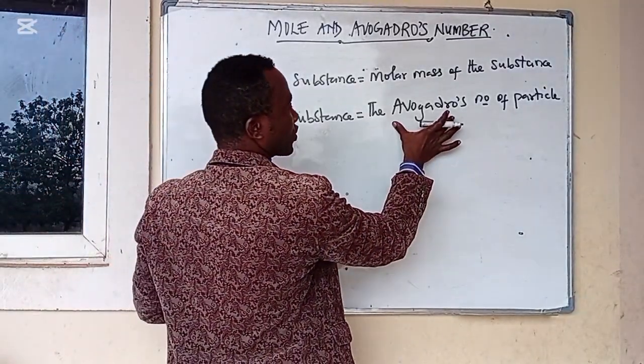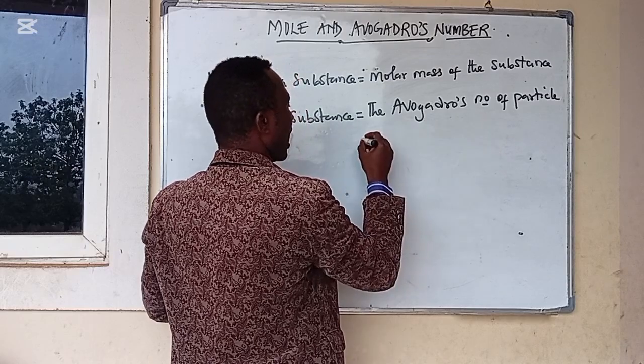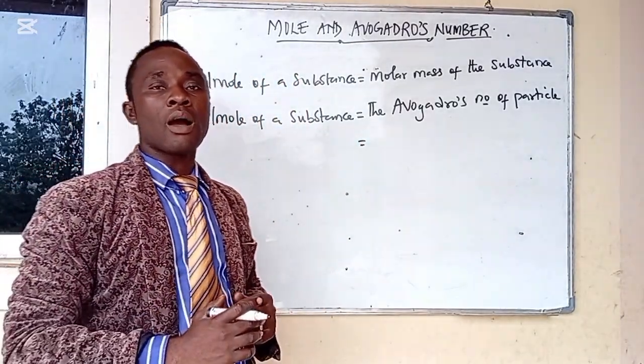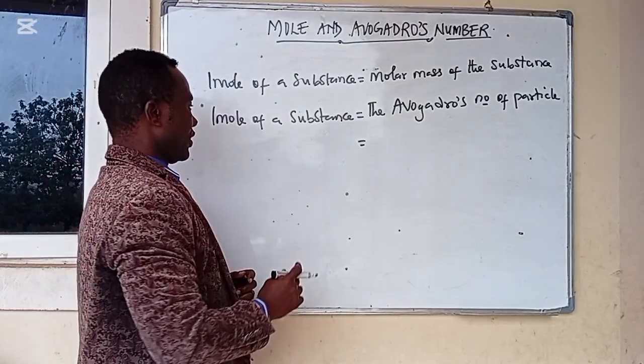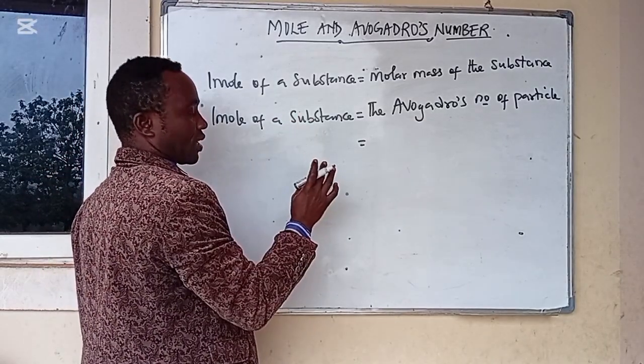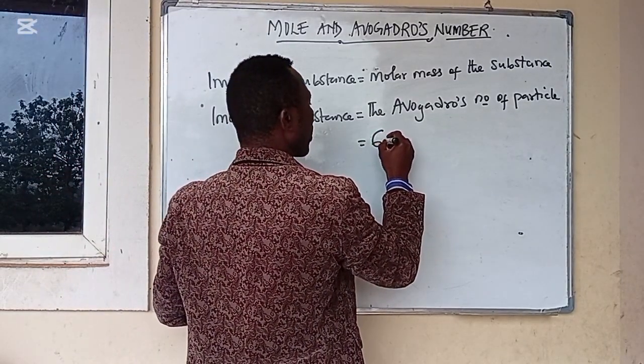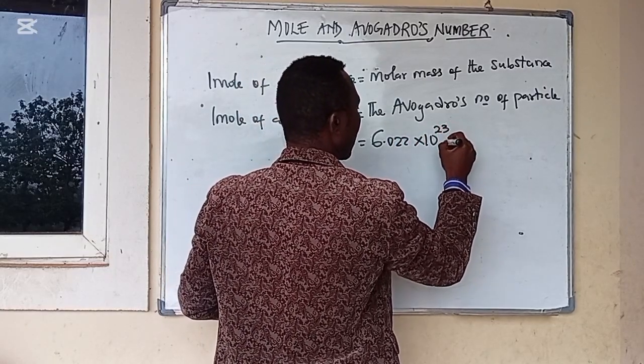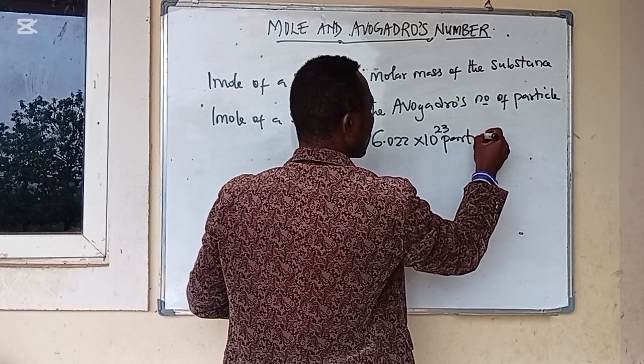Now, the Avogadro's number of particles, according to the Italian scientist Avogadro, he estimated that 1 mole of a substance contains 6.022 times 10 raised to power 23 particles.